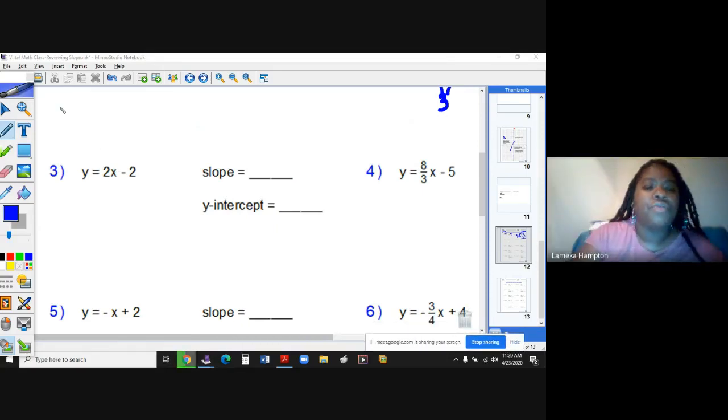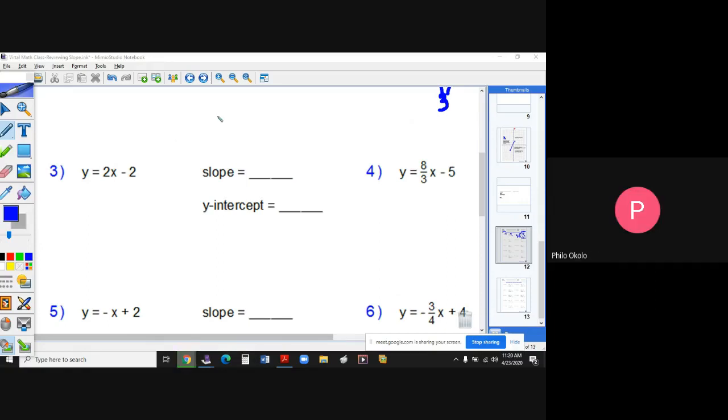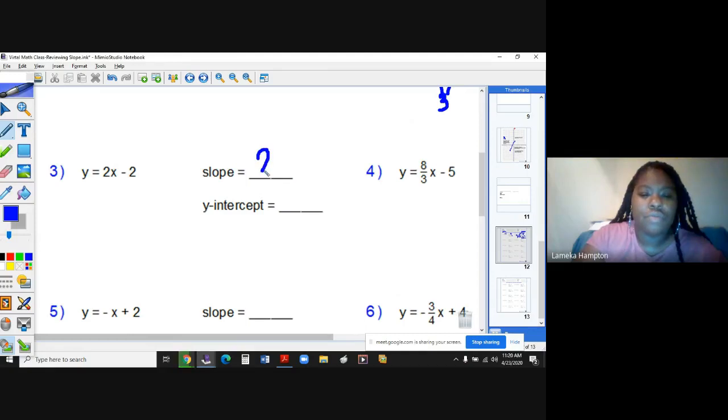Okay. So now we can identify the slope and the y-intercept because it is already in the form. So who can tell me what my slope is for number 3? 2. Yep, 2.